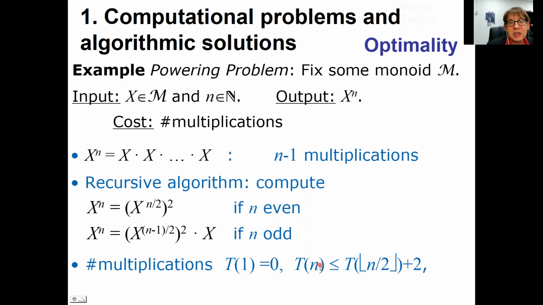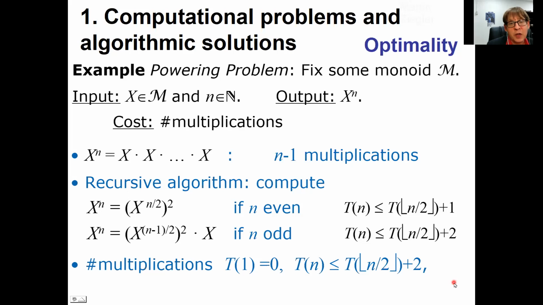Whereas in the general case, there's the recursive call on n over 2 rounded down. In the even case it's just n over 2; in the odd case it's n minus 1 over 2, which is the same as n over 2 rounded down. Plus either one multiplication for the squaring part, or plus 2 multiplications, squaring and another multiplication, as you can see here.